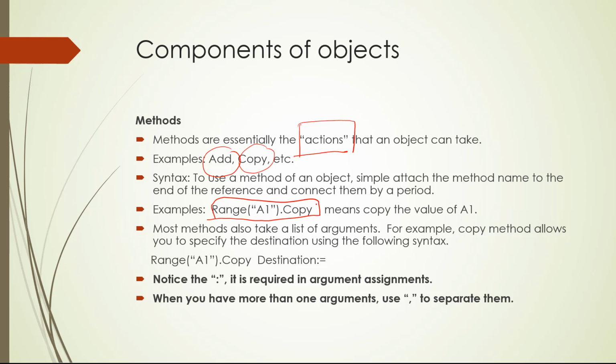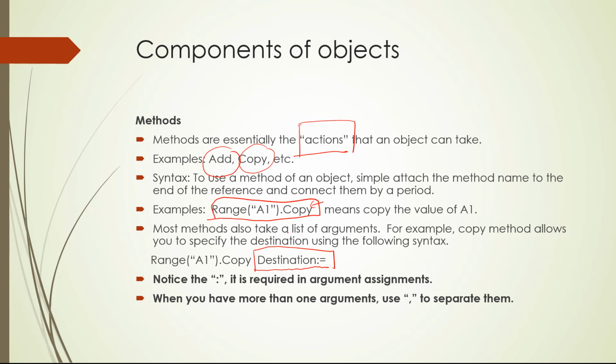When we want to make a copy of the content in A1, we need to say where we want to copy that to. Here, we need to achieve that goal using an argument. This particular argument is called destination. So we're making a copy of cell A1 and copying that to a particular destination.